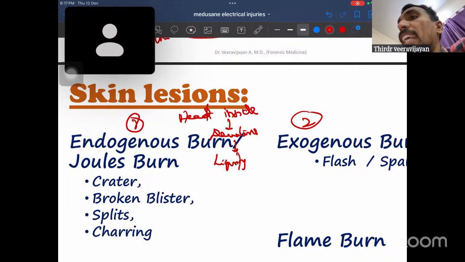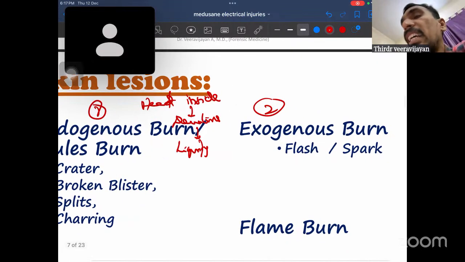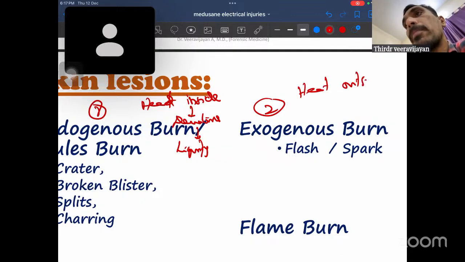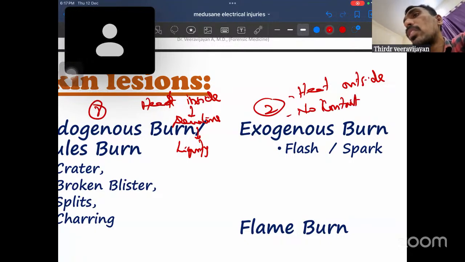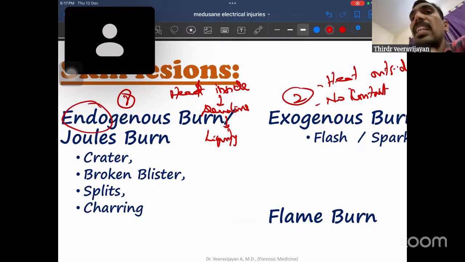Then moving to the exogenous burn, here heat is produced outside the body. Then there is no contact with the live wire. So the two differences between endogenous and exogenous burns are, in endogenous, endo means inside, heat is produced inside the body. Exo means outside. Here heat is produced outside the body.